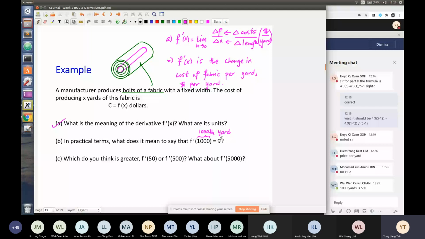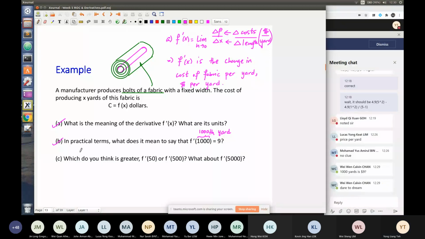So if it's f of 1000, not f prime of 1000, then what Kevin said is correct. Okay, if it's f of 1000 equals to 9, then he is correct to say that the cost of 1000 yards is $9. But this is f prime, it's not f. Okay, so therefore, what does this mean?